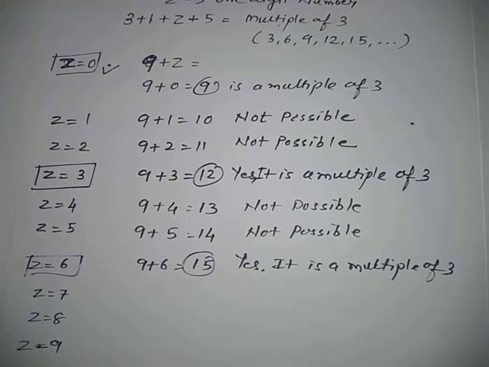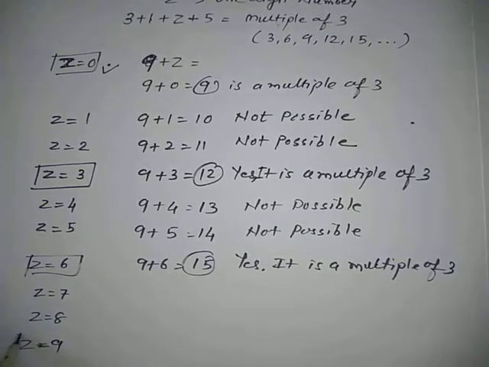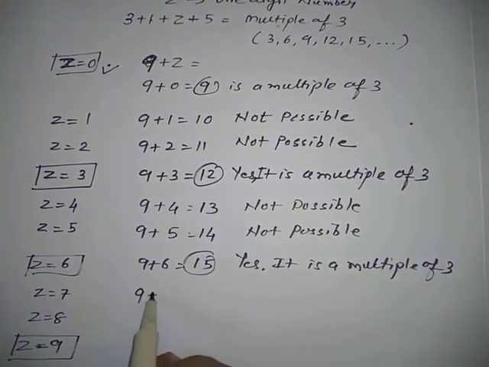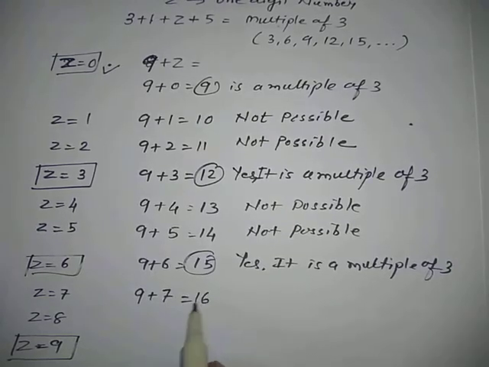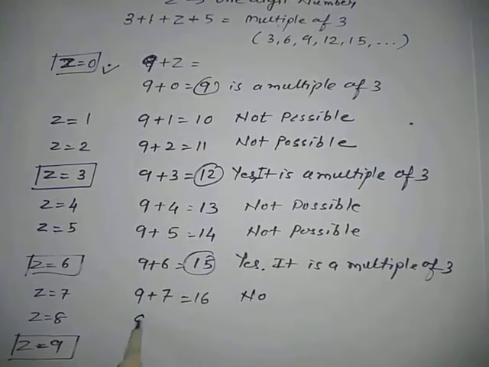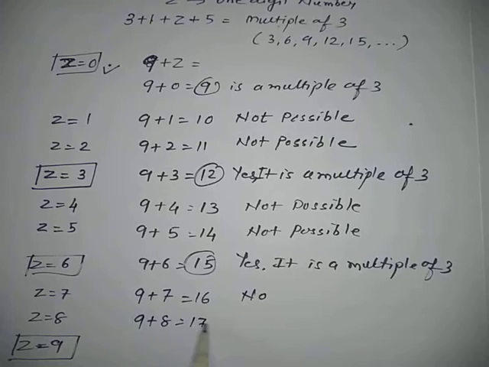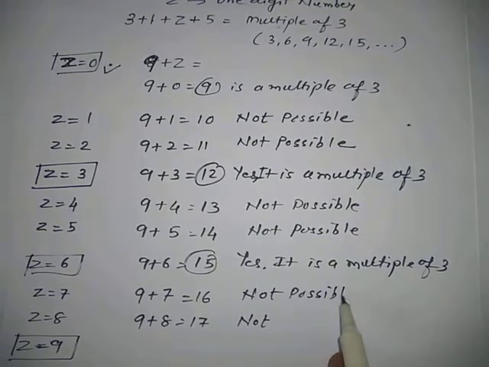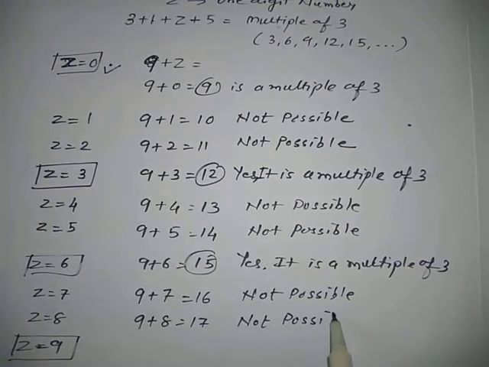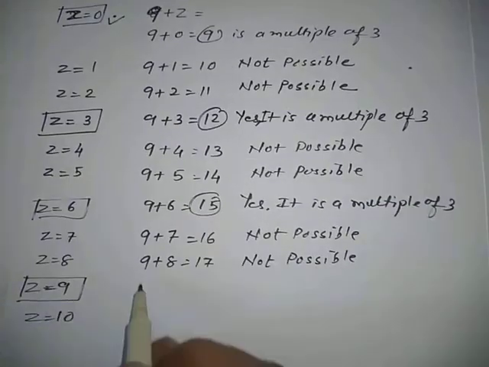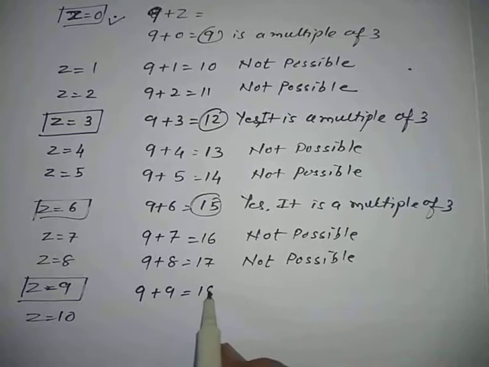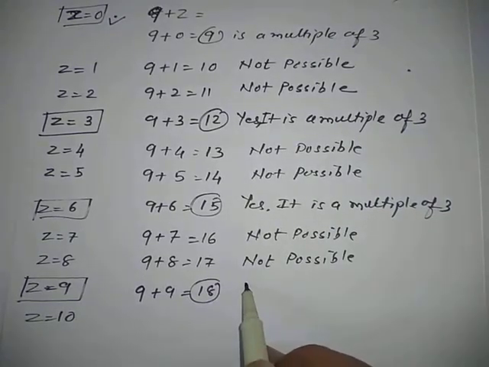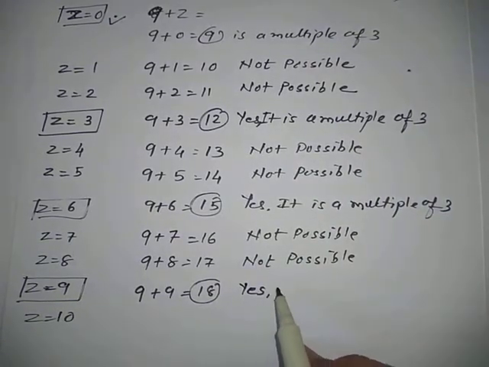Z is equal to 10, we are not checking. Because 9 plus 7, it will be 16. No. 9 plus 8, it will be 17. Again, this is also not possible. Not a multiple of 3, both these numbers. Okay. Then now we will take 9 plus 9, and it will be 18. And 18 is, yes, z can be 9.